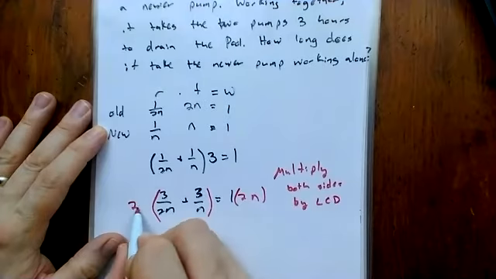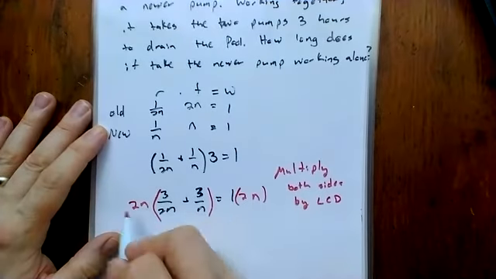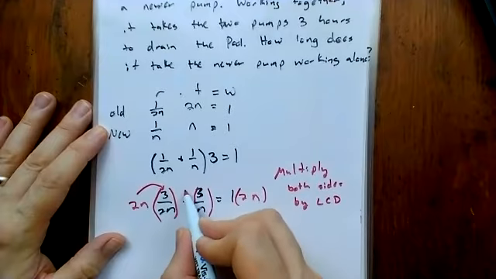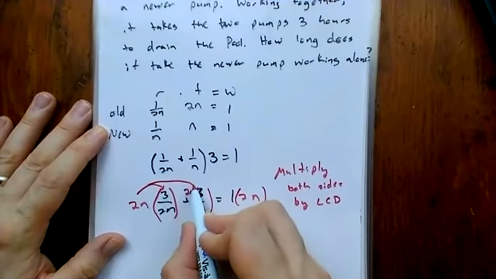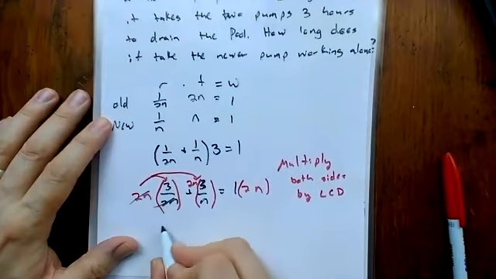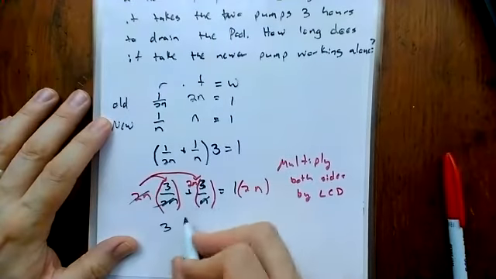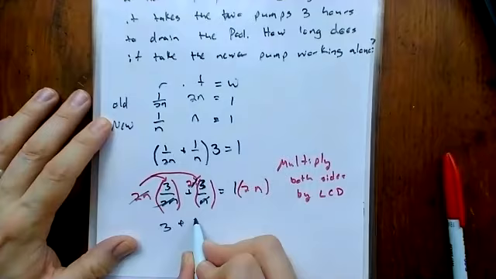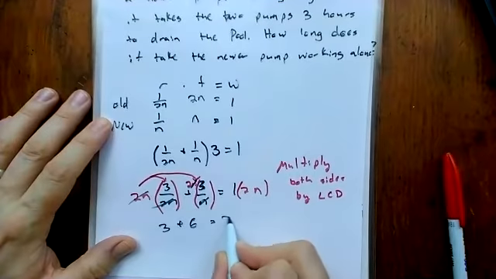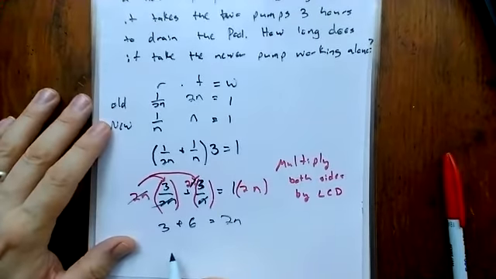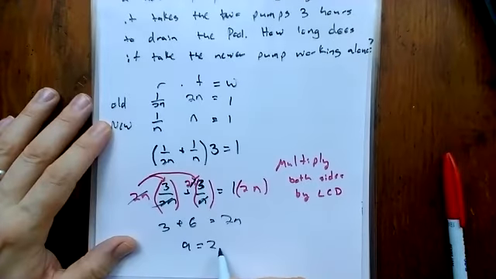I'm going to multiply both sides by 2n, and it gets distributed to all of these terms. The n's are going to cancel, so I'll have 3 plus 3 times 2, that's plus 6, is equal to my 2n. That's a lot easier, isn't it? This is going to be 9 is equal to my 2n. I'll divide both sides by 2.